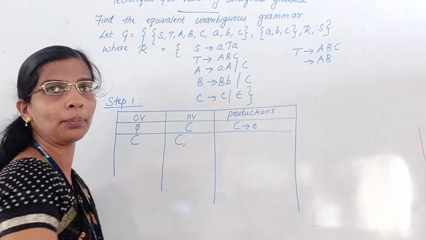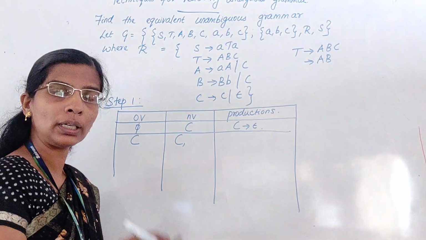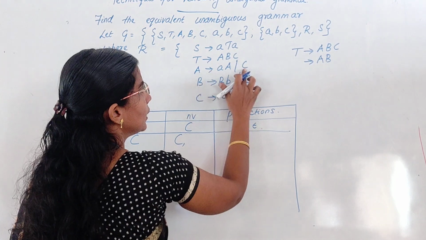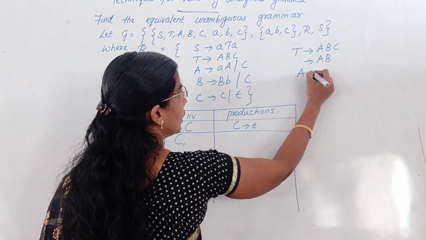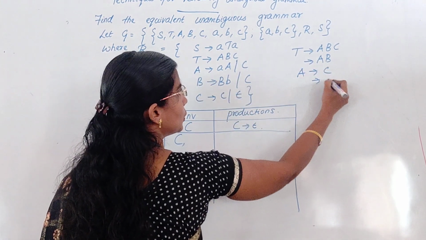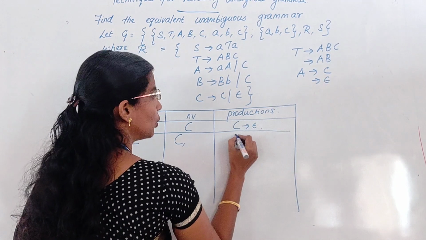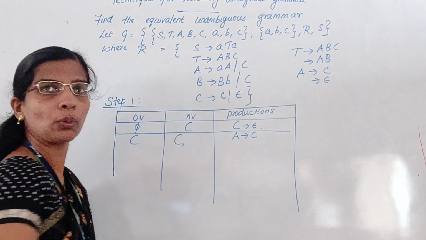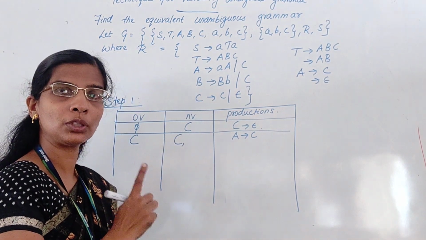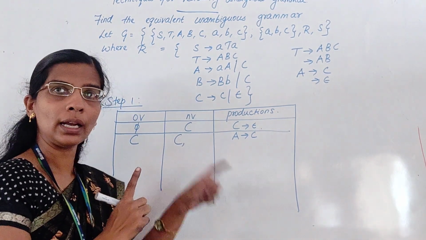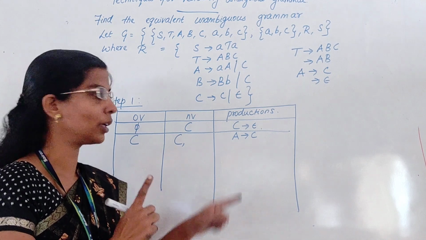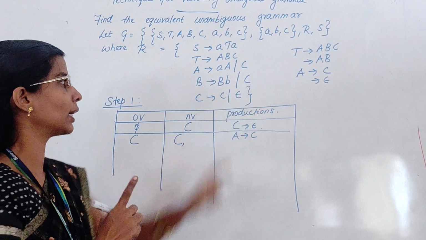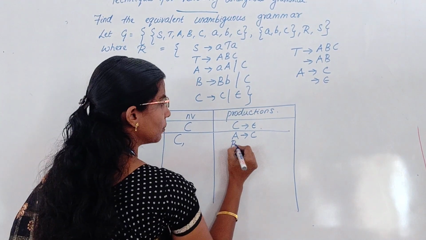I get AB. I am not getting only epsilon in RHS. But here, check A tends to C: substitute, you will get epsilon. So you write this production A tends to C. Why am I writing it? When I substitute epsilon for C, in RHS I am getting only epsilon. Similarly, I can write B tends to C.